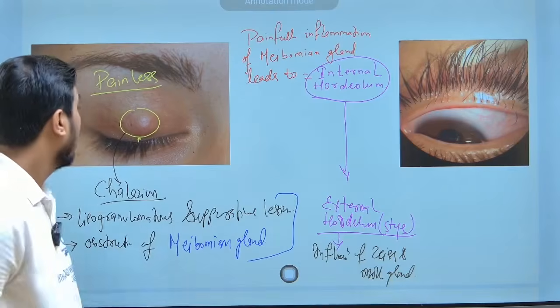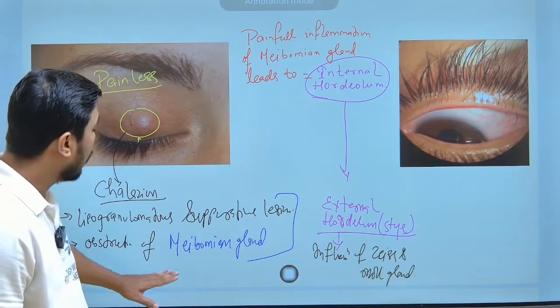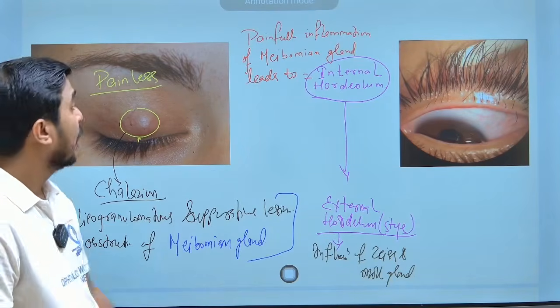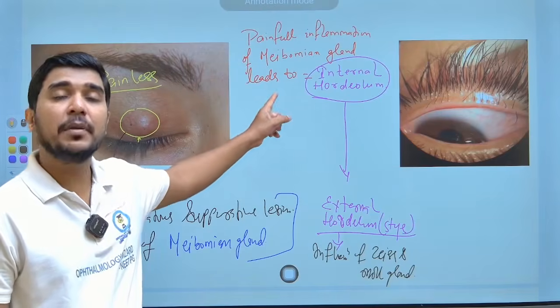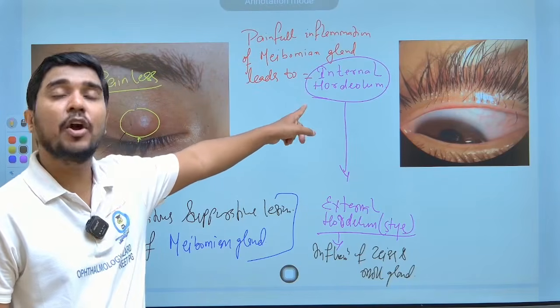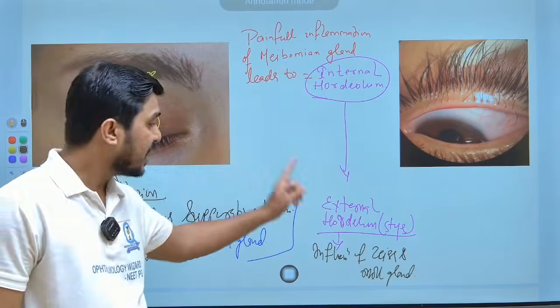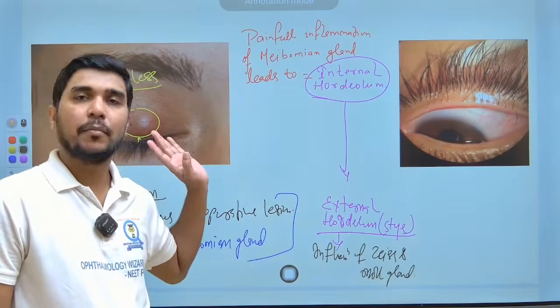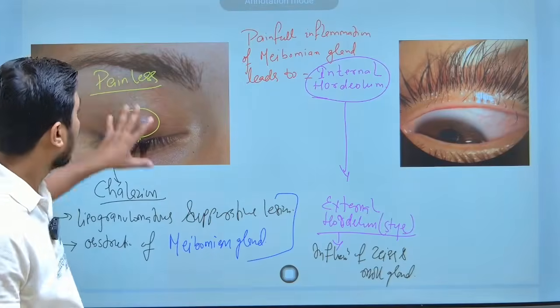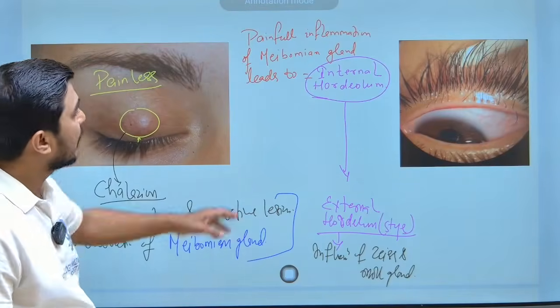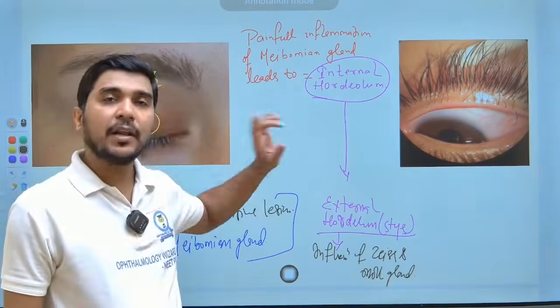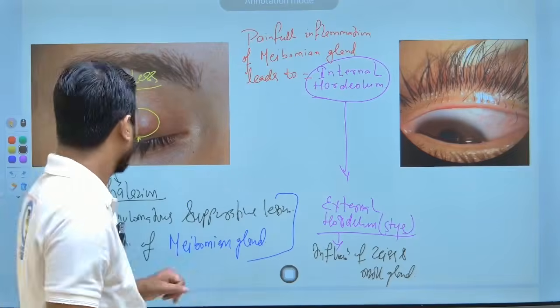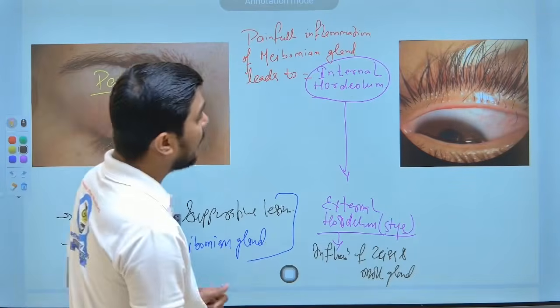Understood? Painless inflammation of meibomian gland is Chalazion. Painful inflammation of meibomian gland is internal hordeolum. And external hordeolum is inflammation of Zeis and Moll. So, Chalazion is only painless. Both of the hordeolums are painful. Got it? Coming to this point.